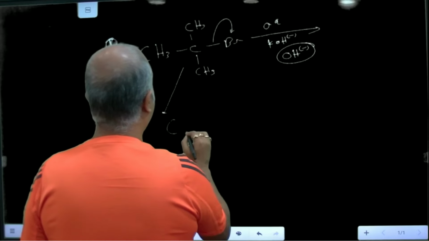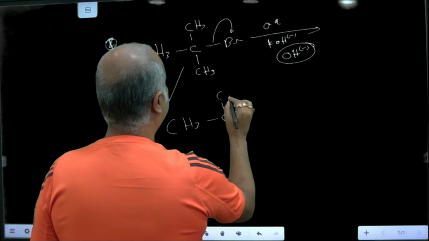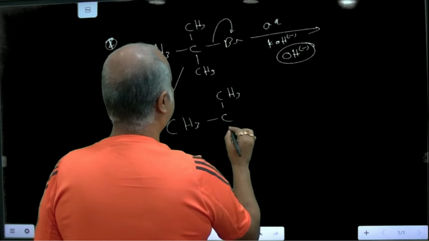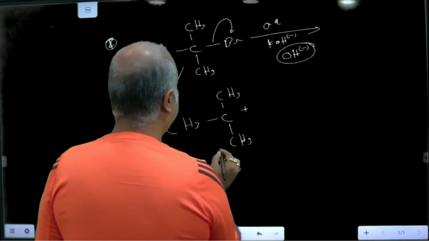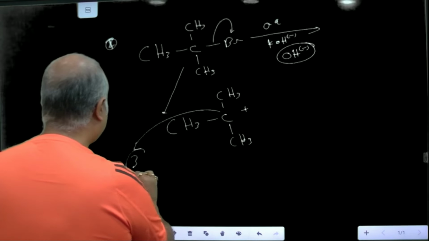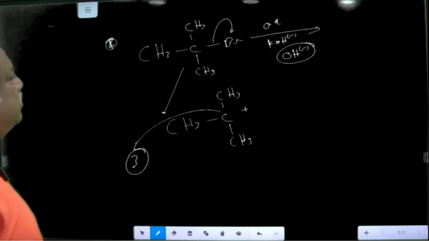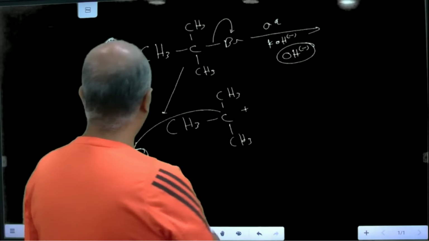It will give (CH3)3C plus, the 3-degree carbocation, the most stable carbocation. That is the first step.